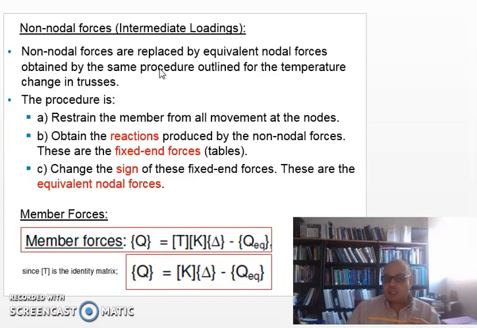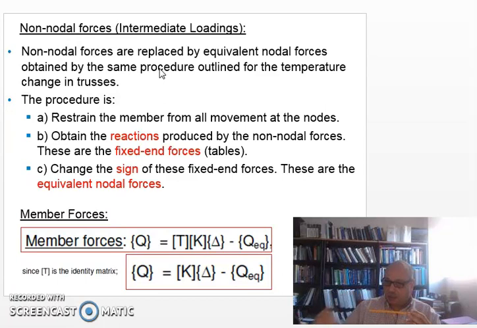The procedure is that we restrain the members from all movements at both ends. And then we get the reaction produced by the non-nodal forces or the distributed forces, and what we call fixed end forces. We don't have to find it, it's in the back of any structure analysis book. And then we change the sign, and these are called the equivalent nodal forces.